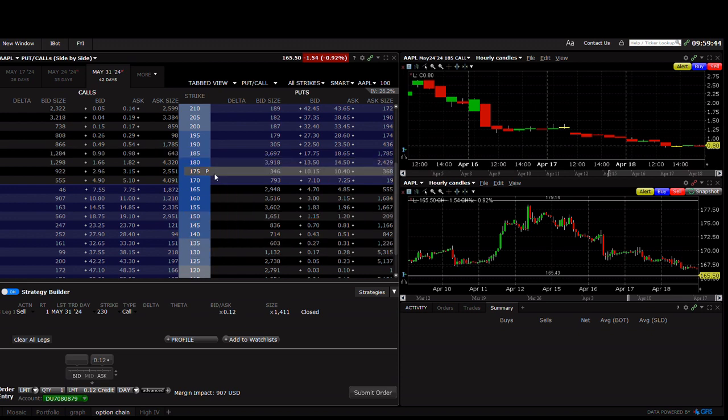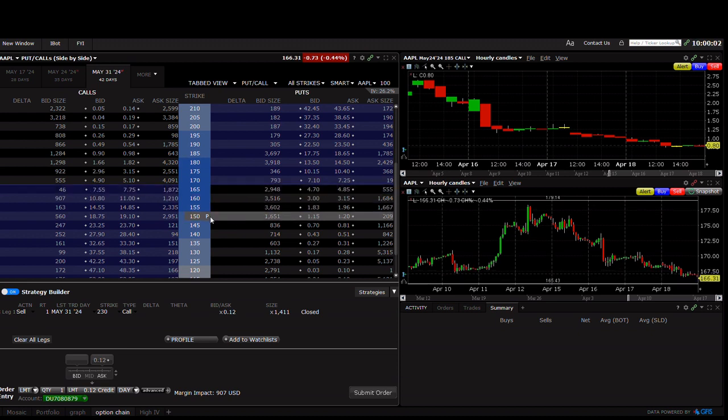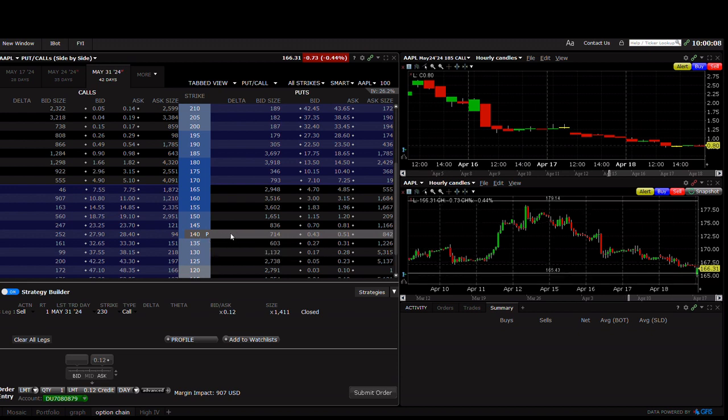You don't see the delta value here because the market is not yet open. When the market opens, you will be able to see the delta values here. Delta basically means the probability that the price will reach this level. There will be a delta for each of these price levels. What is the probability of the price reaching 140? That is the delta value.